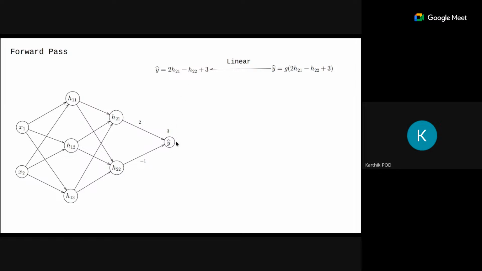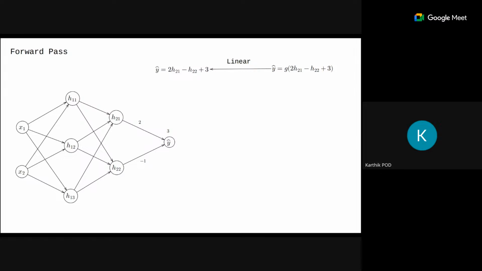If it is linear, you just leave it as it is, so g of x is x. The better term would be identity. If you see linear, it means you are just leaving the input and not modifying it in any way.